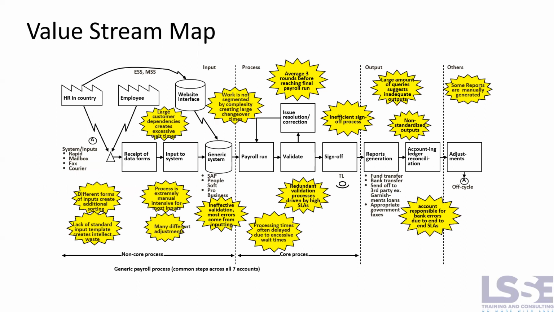Okay, another process map is called the value stream map. Normally this is used if your process is about improving cycle time.